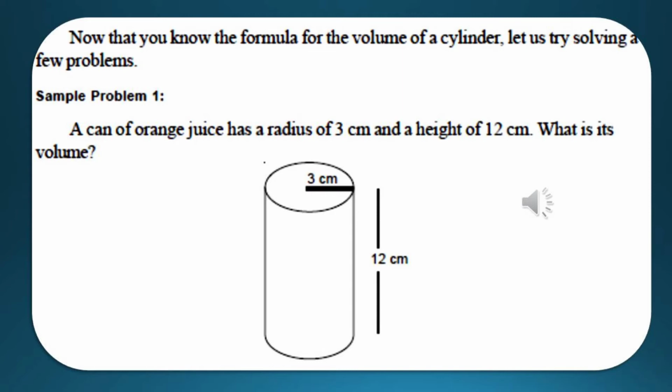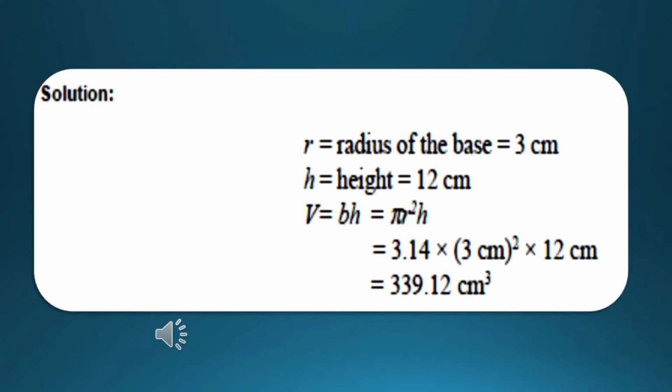Sample problem 1. A can of orange juice has a radius of 3 centimeters and a height of 12 centimeters. What is its volume? Here's the solution. r, the radius of the base, is equivalent to 3 centimeters. The h, which is the height, is equivalent to 12 centimeters.